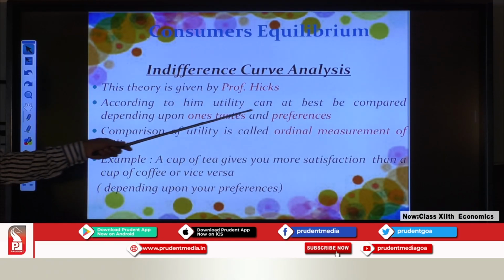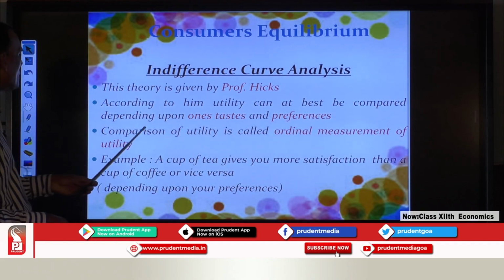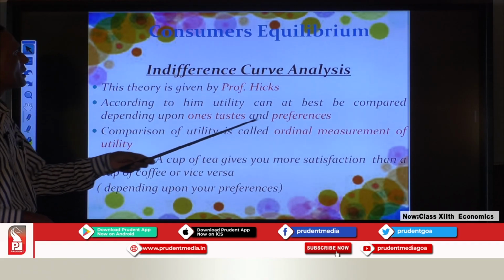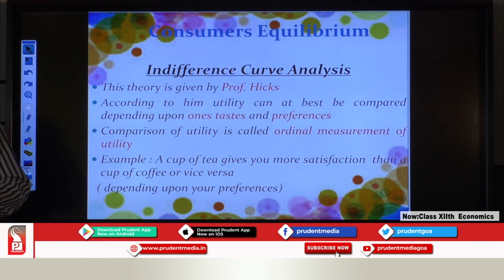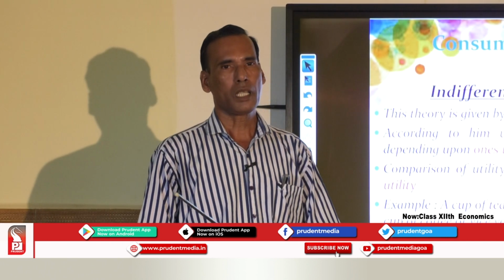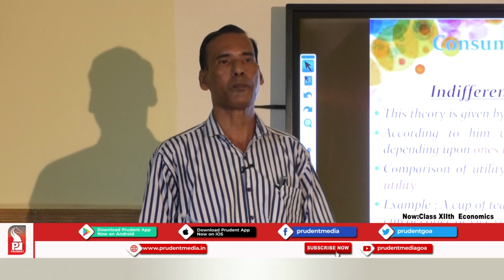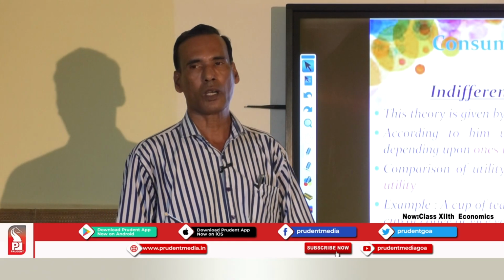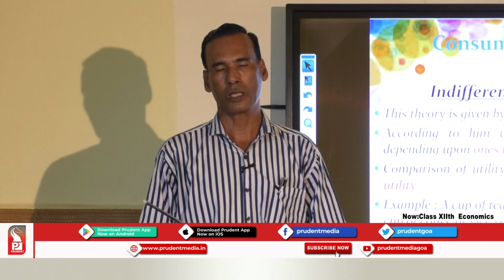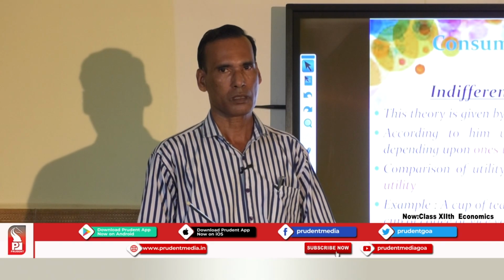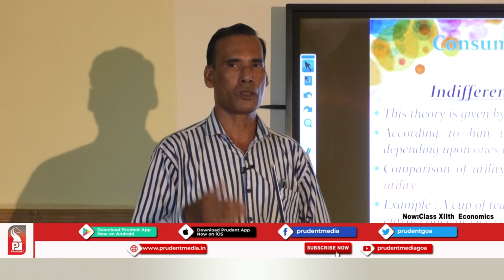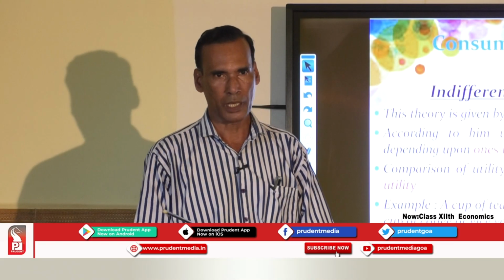According to him, utility can best be compared depending upon one's taste and preferences. So, he is of the argument that utility can best be measured with the order of the preferences of a consumer. So, it depends on the preferences of the consumer, and that will give him the utility.